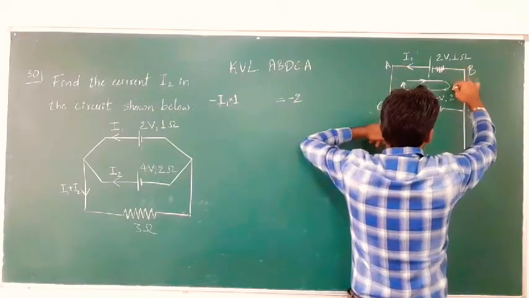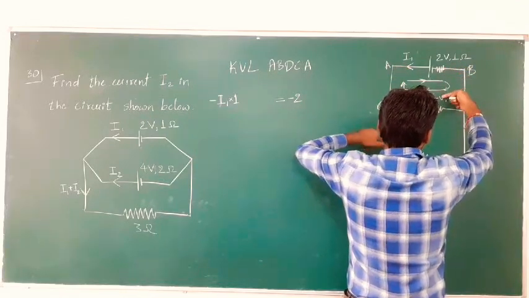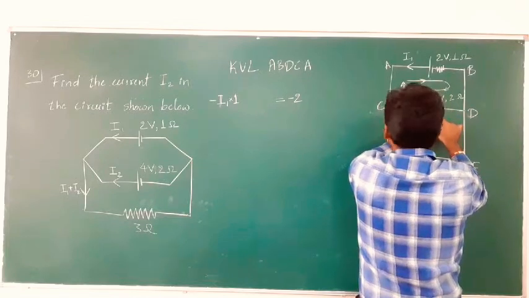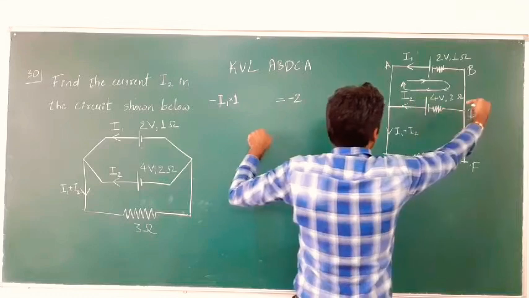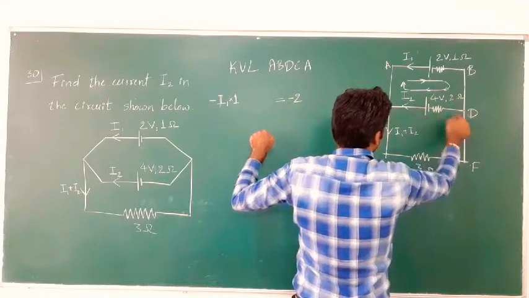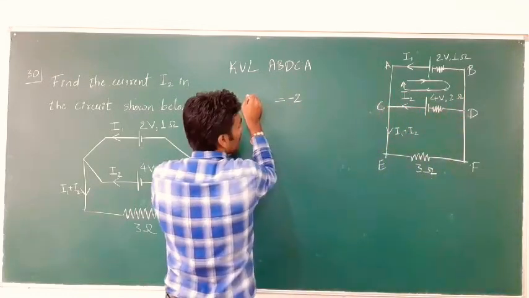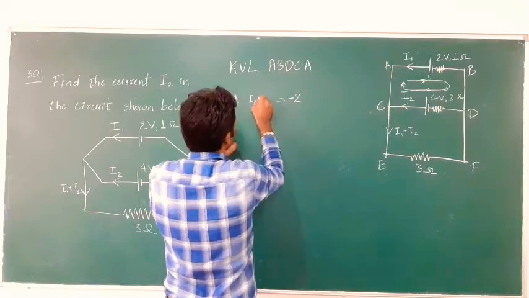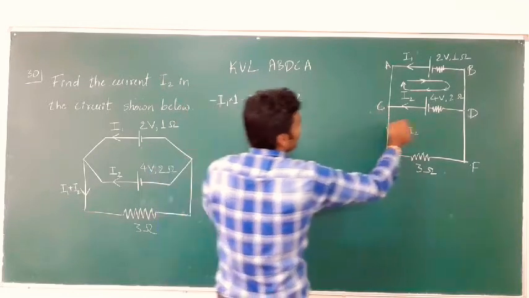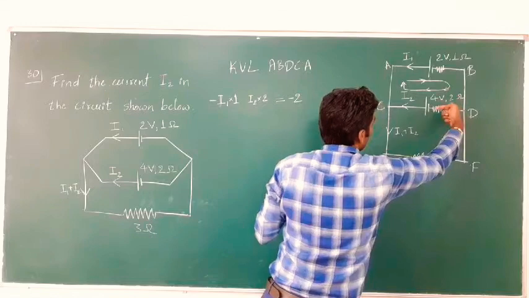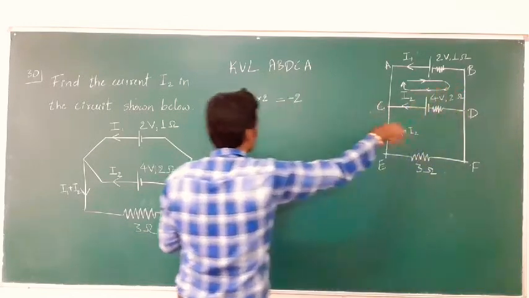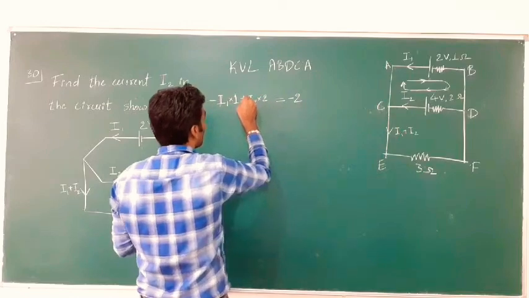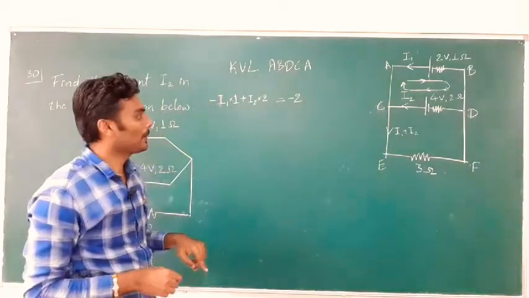Next, I move forward, and while moving forward, I get the resistor once again, of resistance 2 ohm and current I2 flowing through this part. So it is I2 into 2, but look at this, the direction of flow of current and direction of my traversal are one and the same, so I'll put plus here.